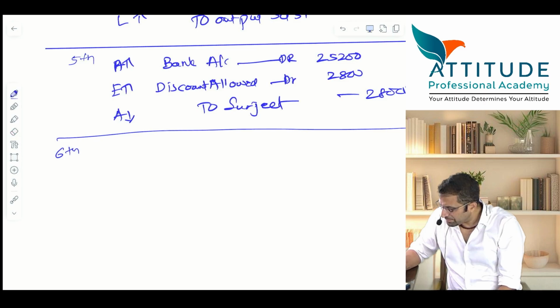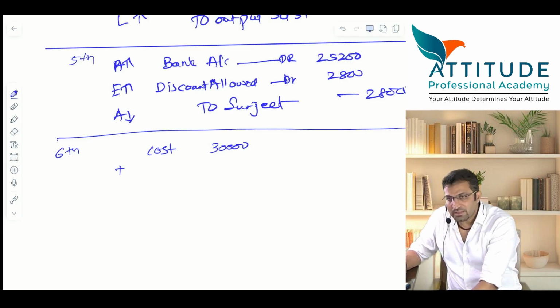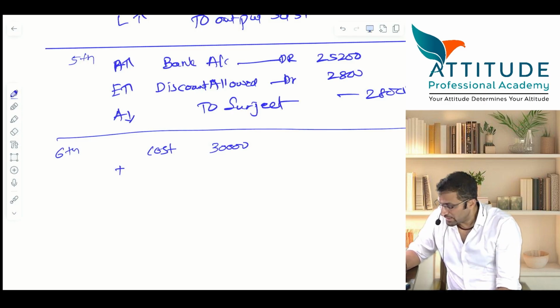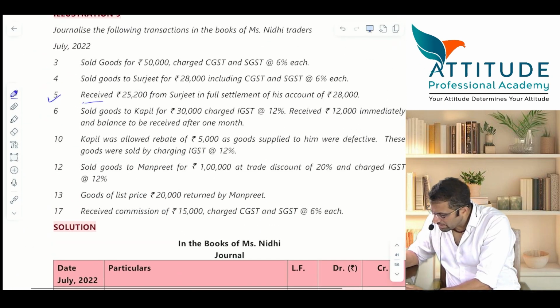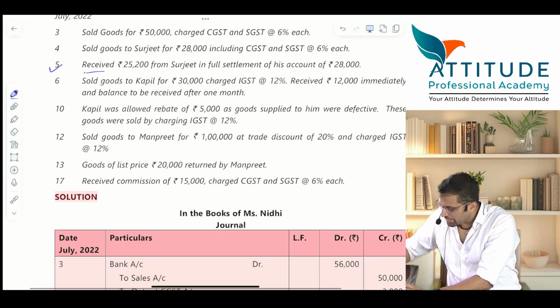6th. Cost how much? 30,000. Add 6% or 9%? 6% CGST, how much? 1,000? Oh, IGST, I'm sorry. IGST directly 12%.